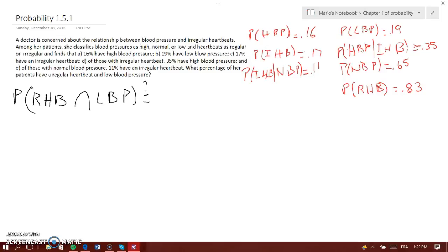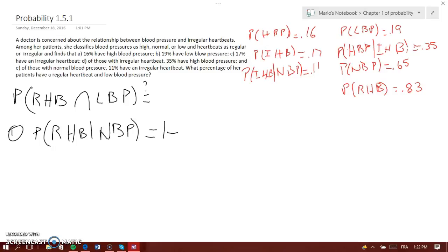So now, the first thing we need to find is the probability that the regular heartbeat given normal blood pressure. And we have a formula, the conditional formula, the inverse formula, it is 1 minus the probability of irregular heartbeat given normal blood pressure.